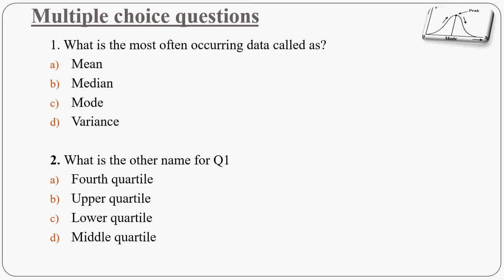Can you guess, dear students? Yes, the answer is mode. What is the other name for Q1: fourth quartile, upper quartile, lower quartile, or middle quartile? Any guess? Yes, it is the lower quartile.